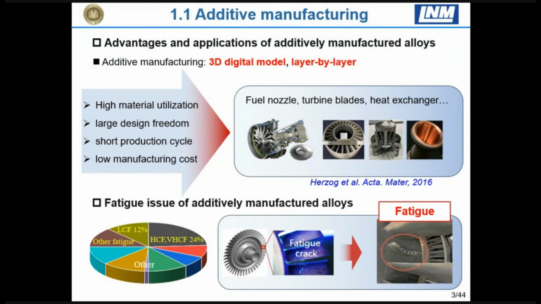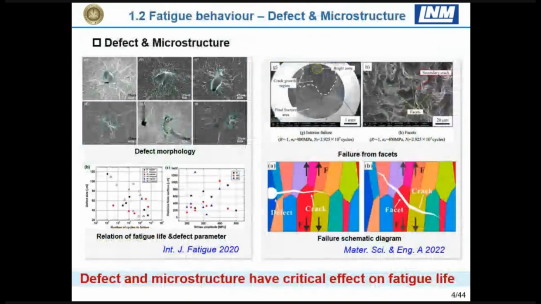Now there's a bigger concern with material made by AM, which is the fatigue problem. In China, we want to use this material in aero engines and aerospace. The fatigue problem is a big concern because it's difficult to predict crack initiation and fatigue lifetime. In this material, cracks widely exist, and the shapes, sizes, and orientations of these cracks are very irregular.